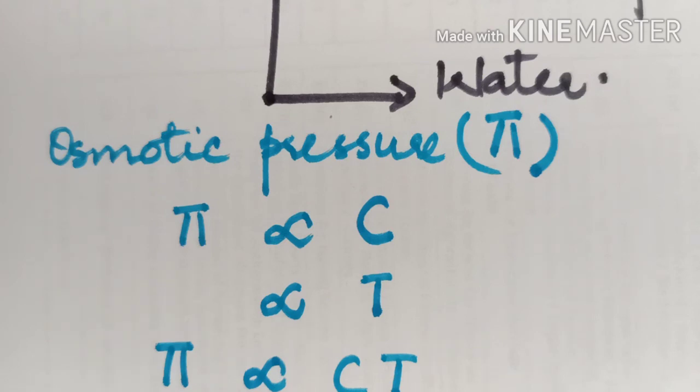Why is it done? 0.91% saline solution has the same osmotic pressure as that of the human blood. So before administering, the injections are to be diluted with 0.91% saline solution. Otherwise, there are osmotic pressure variations, and that may lead to bulging or shrinkage of the cells. Thank you.